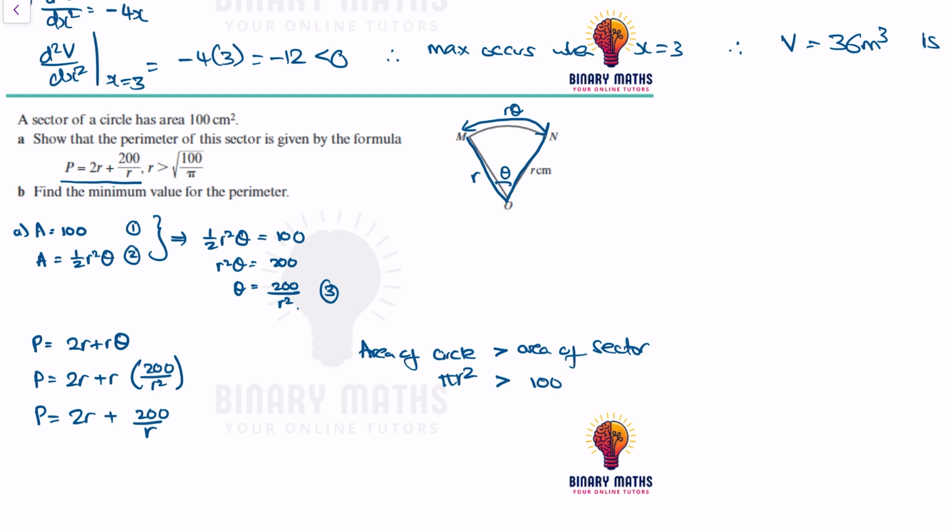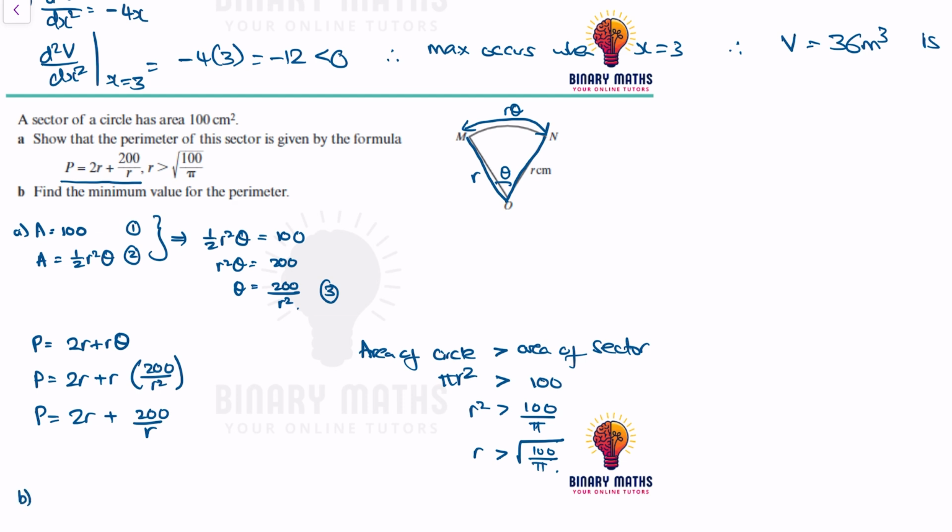We've been given that information, which means r squared must be greater than 100 over pi, which means r must be greater than the square root of 100 over pi. Okay, so that's part A done.